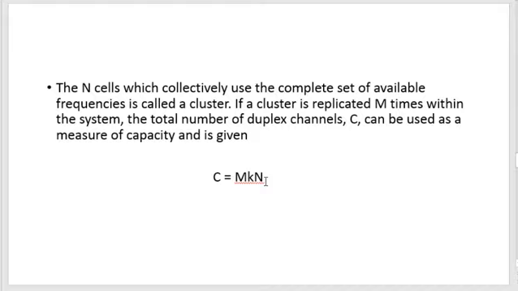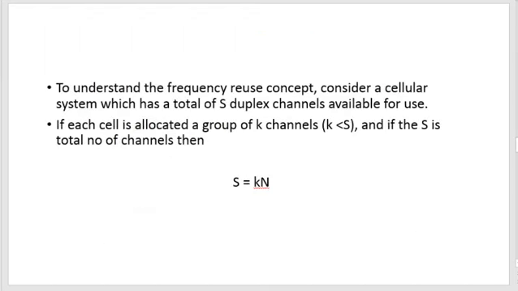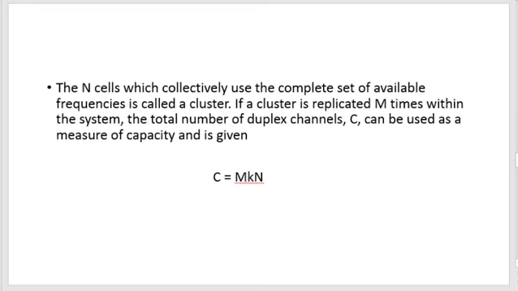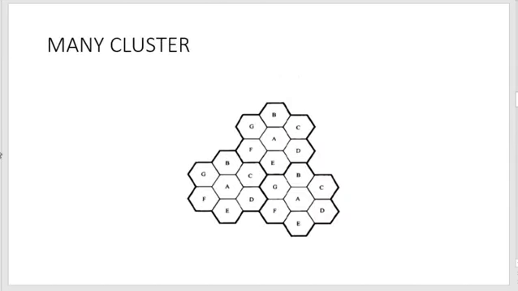So C = mkN if you want to calculate the capacity. This calculation is the same as this one, and this will be the capacity. It depends on how many times you have repeated the cluster. So here m is equal to 2 and here m is equal to 3.